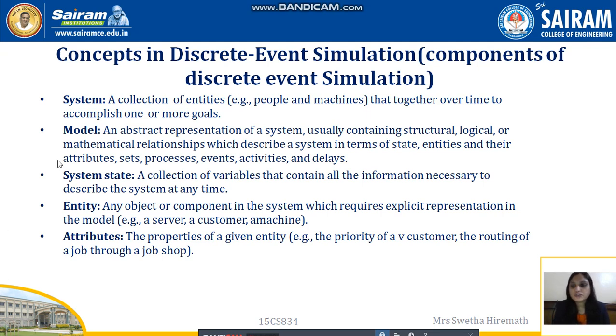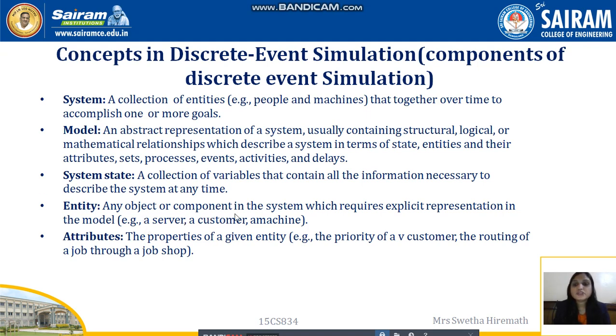Next, moving to the system state, a collection of variables that contain all the information necessary to describe the system at any time. It is nothing but a collection of variables that contain all the information necessary to describe a system at any particular point of time.